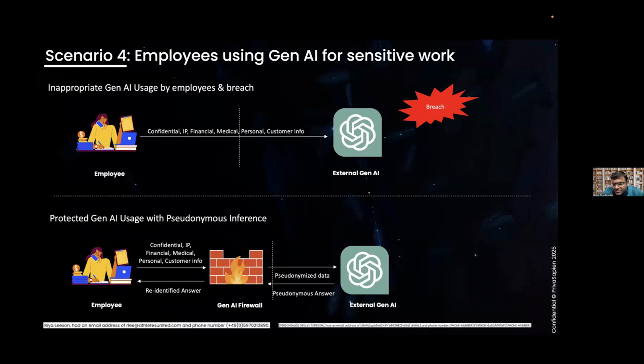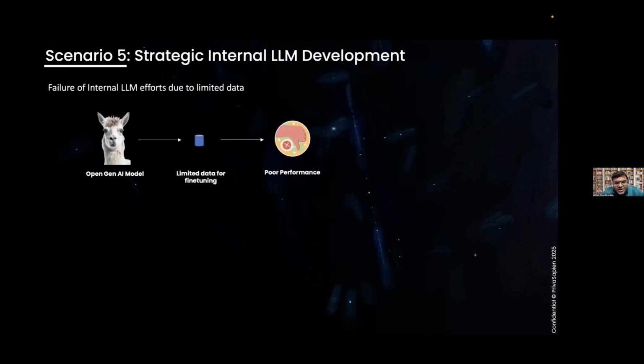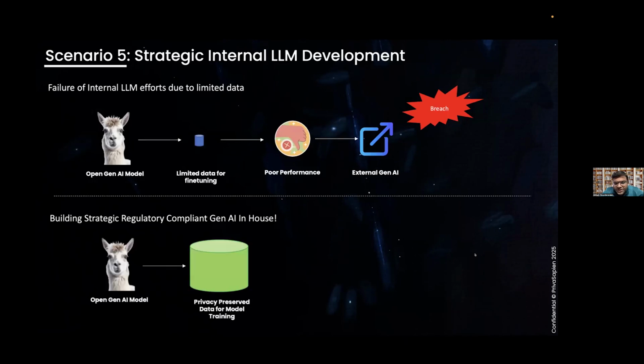We have multiple deployments of this on the customer side as well. Similarly, when organizations are training or fine tuning models locally, the fundamental problem is limited data for fine tuning. But with synthetic data with utility that we are building now, with mathematical and differential privacy guarantees, it can significantly increase the amount of data available. Once the model is trained, we also do agentic AI red teaming.